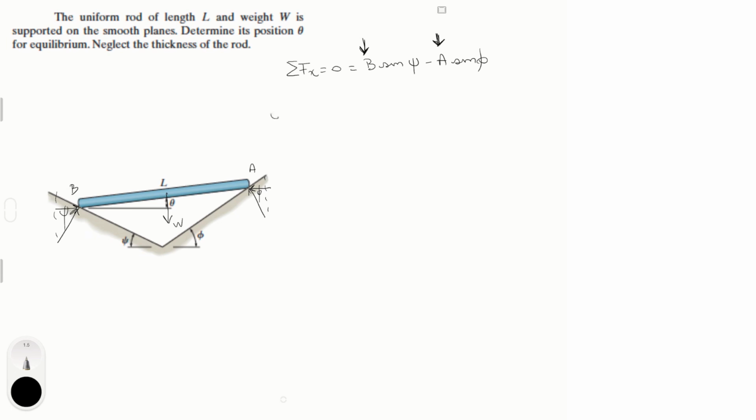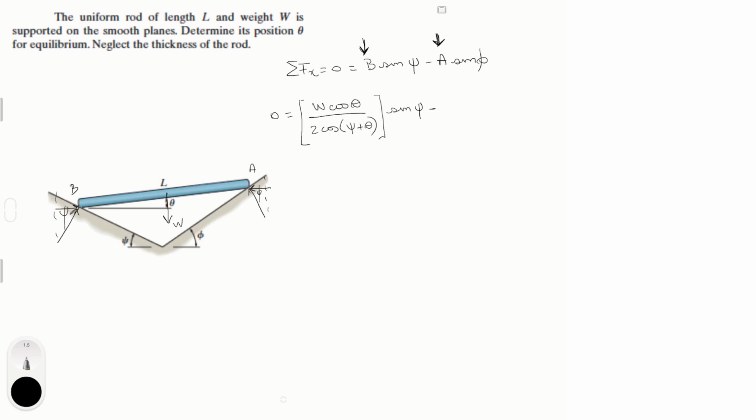So let's get to that. 0 is equal to W cosine of theta over 2 cosine of psi plus theta, I don't know why I said phi, times all of this multiplied by the sine of psi.